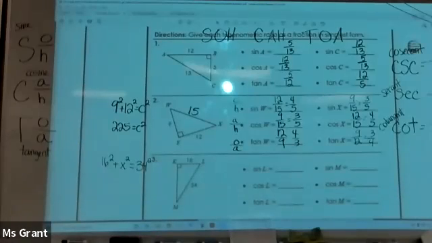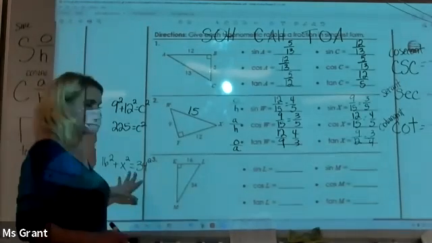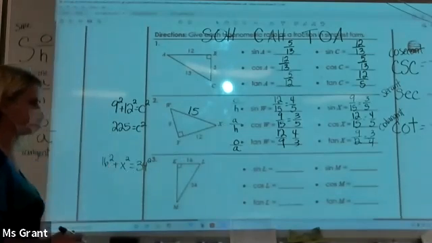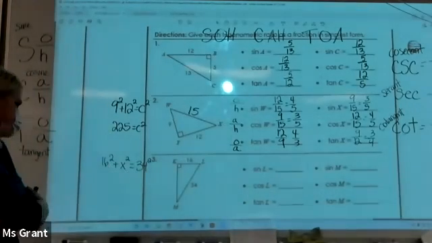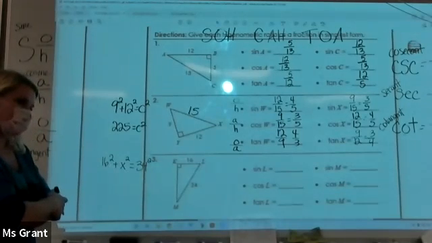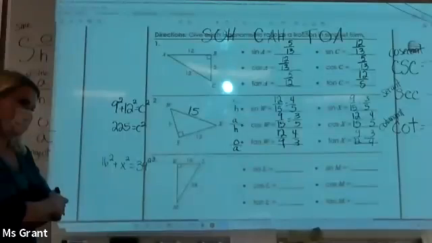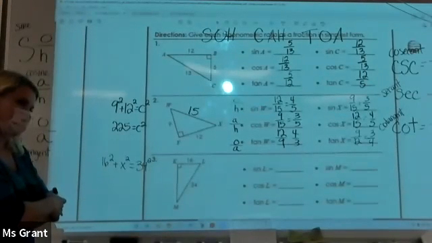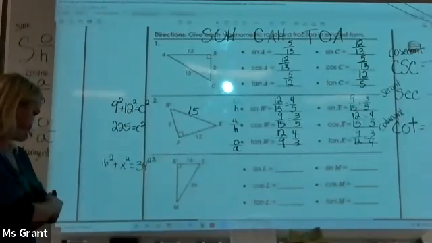Go ahead. What's the missing side? 30. 30.